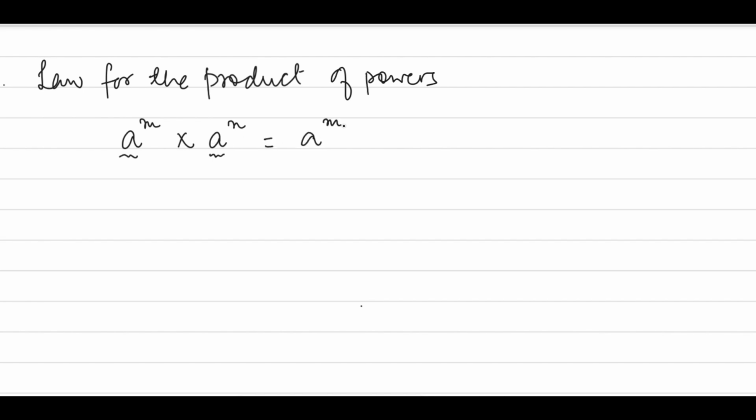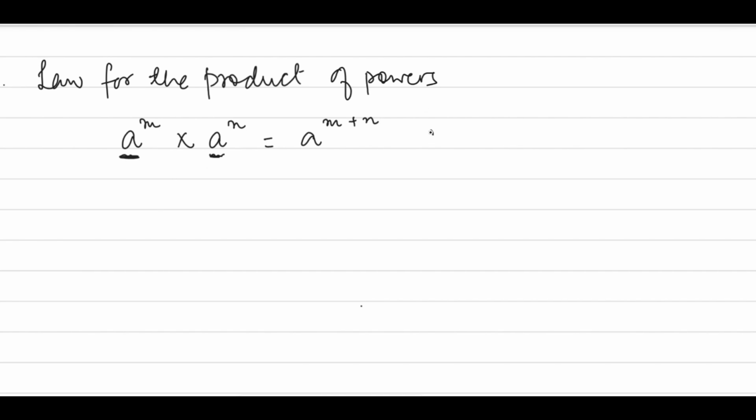This is equal to a exponent m plus n. It means if I have to multiply two powers with the same base a and a, we will add the exponents. That means the base stays the same, but the exponents m and n get added.